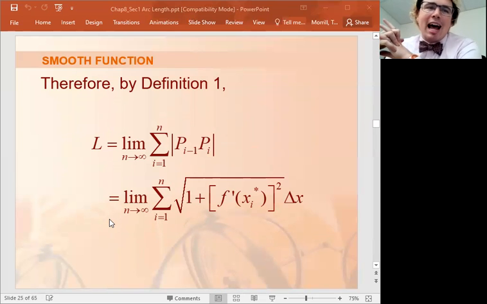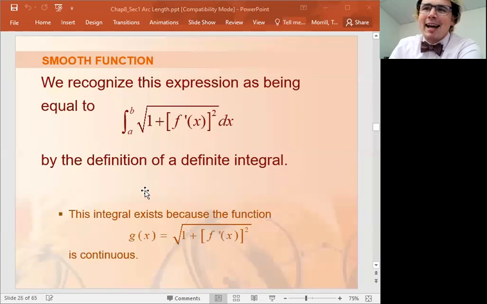And we know what happens to Riemann sums when we take limits. All of my big chunky Greek letters turn into nice smooth Latin letters. And I've got the integral from a to b of the square root of 1 plus f prime of x squared, all dx.